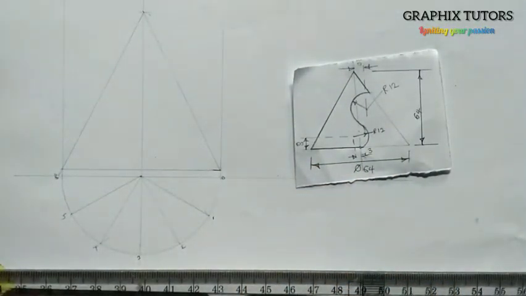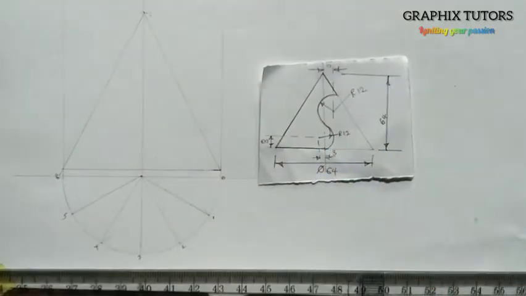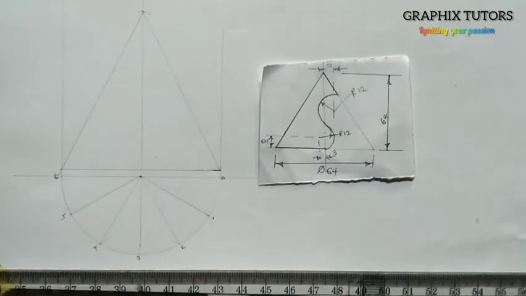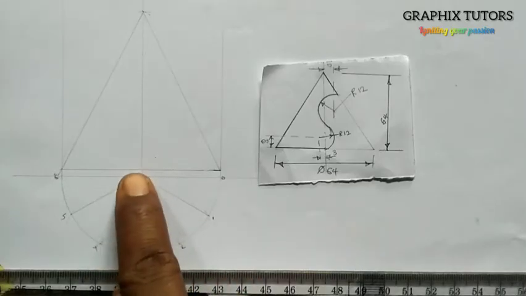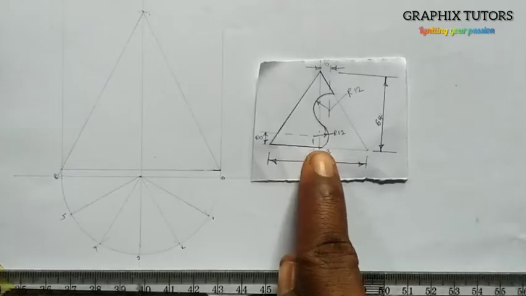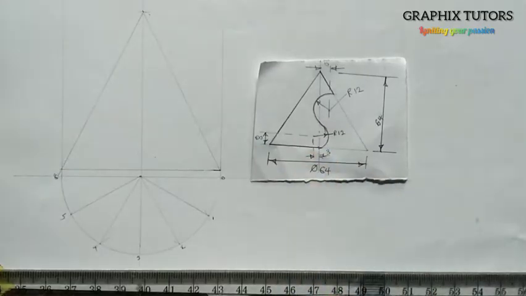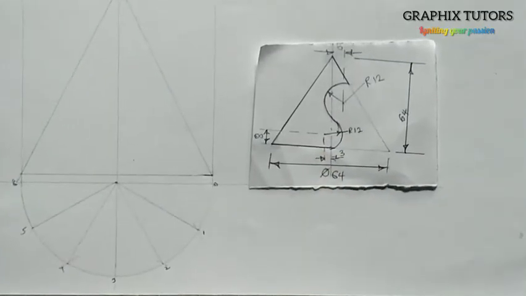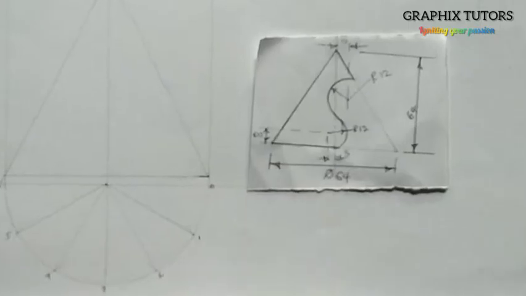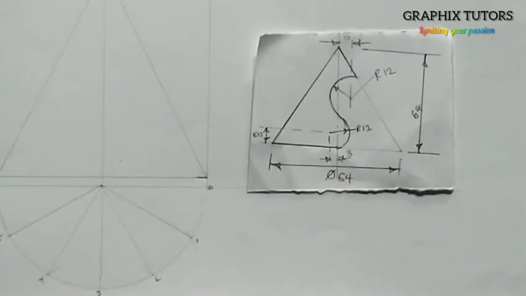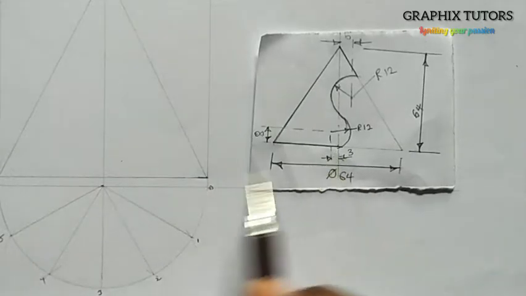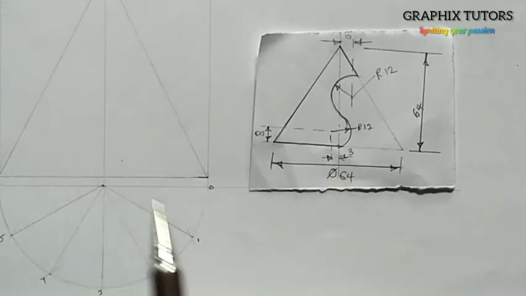Are we good? Now, if you look at this very well, we are told that from here to here is 3. Let me zoom it so you see what I'm talking about. From here to here is 3, from here to here is 3, right? So I measure 3 from the center to this point.